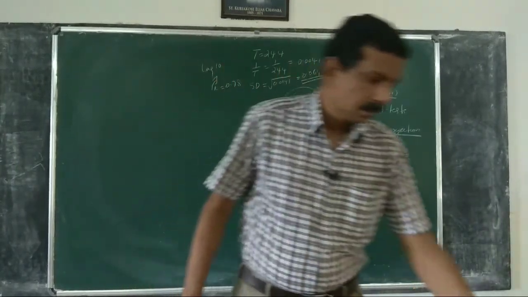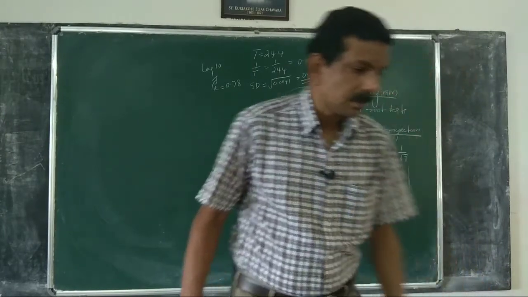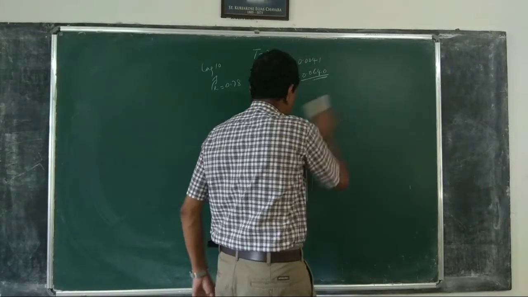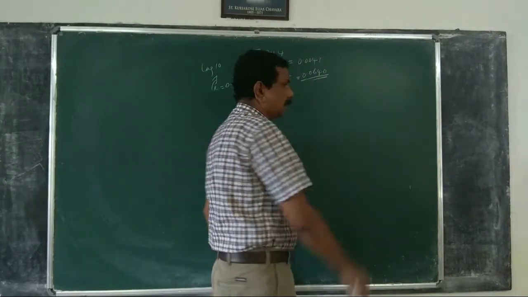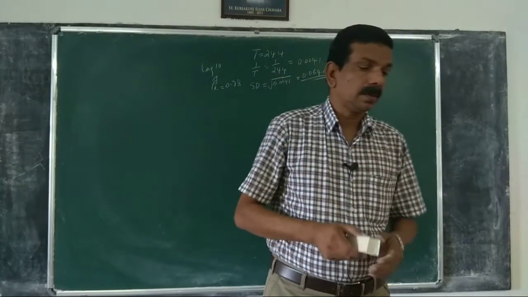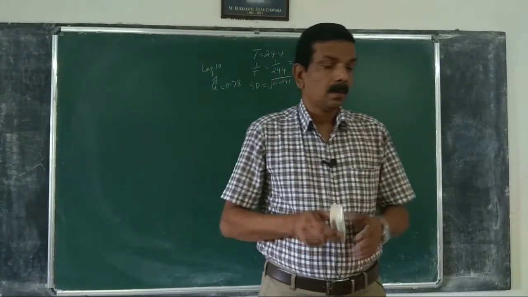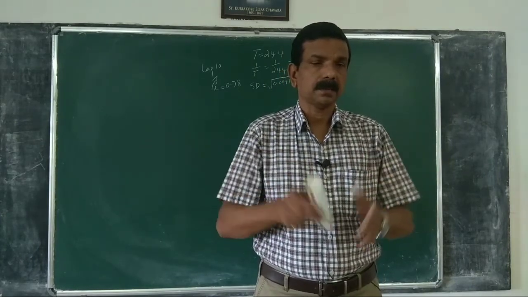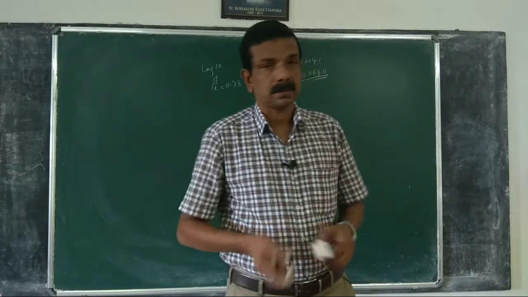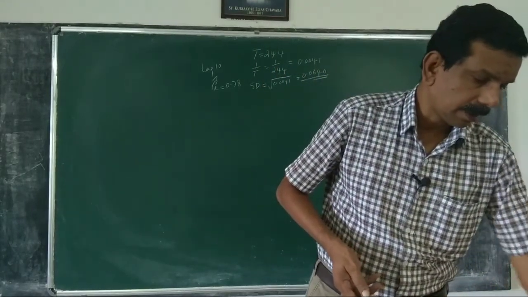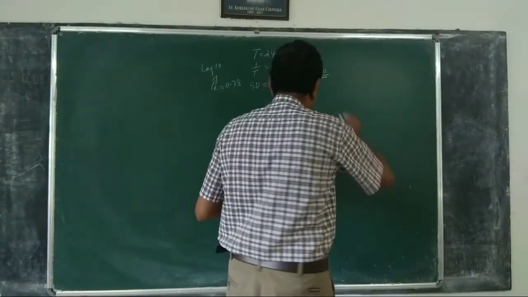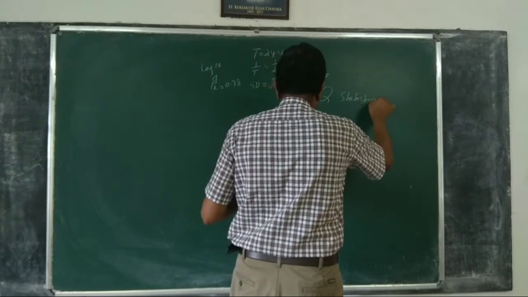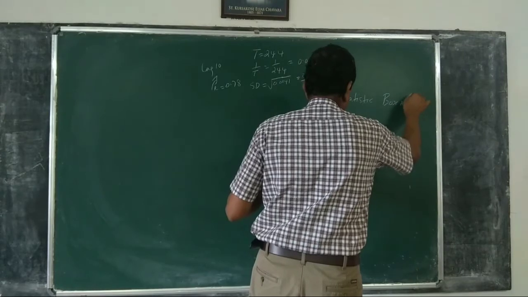This is given. So the test procedure we have just outlined is testing for the significance of a single autocorrelation coefficient. Now suppose that you want to test the joint hypothesis that all rho k up to a certain lag, say up to 5, up to 10, are simultaneously equal to 0. To test such a hypothesis, we use what is known as the Q statistic, suggested by Box and Pierce.